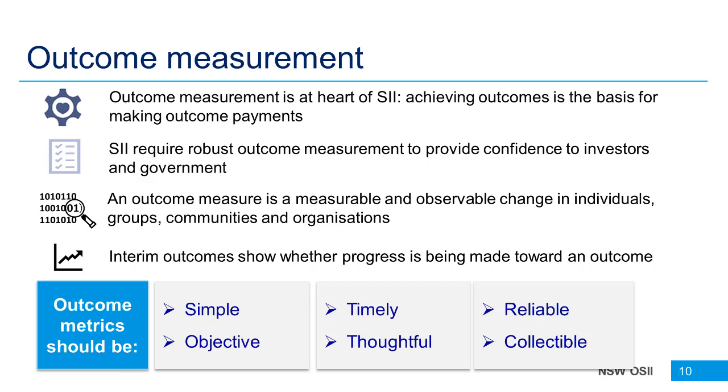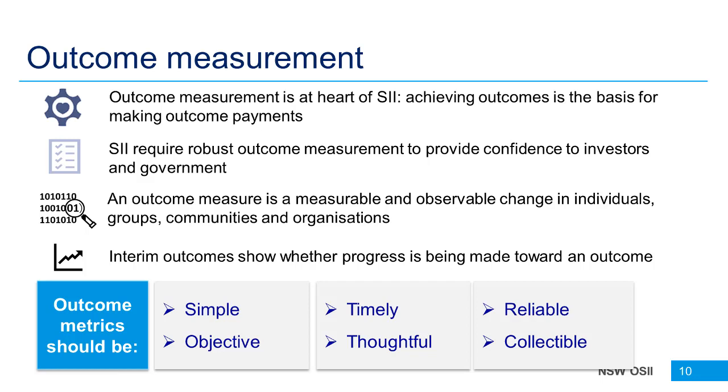They need to be able to assist agencies and service providers in understanding whether the program is having the desired outcomes or whether there needs to be a change. Similar to being objective, the outcomes need to be reliable. We need to be able to have confidence that they are showing the true change. And finally, we need to be able to collect the data in order to measure the impact.